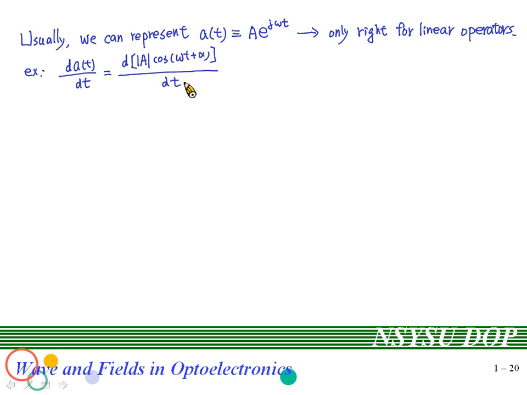And I believe you know the answer should be minus omega, absolute value of A, times sine omega t plus alpha.